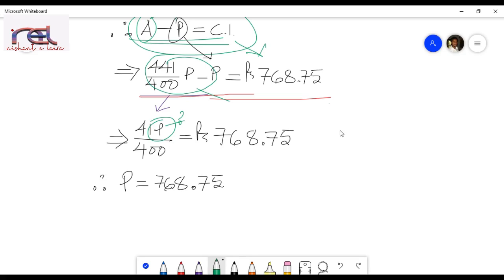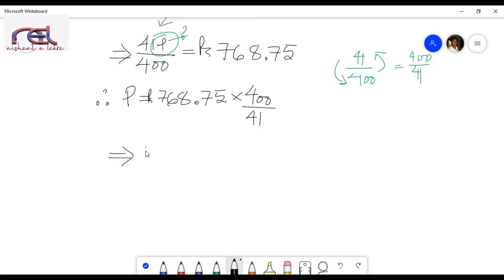We will have to reciprocal it, right? 41 by 400, when it is taken to the other side, changes to 400 by 41. Now we will simplify this to find the value of P.